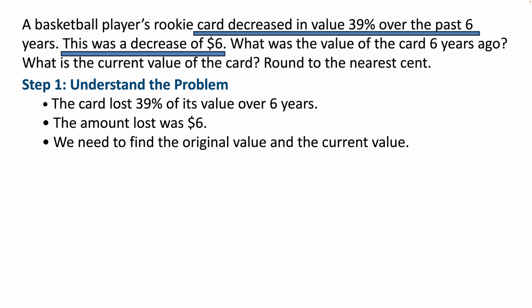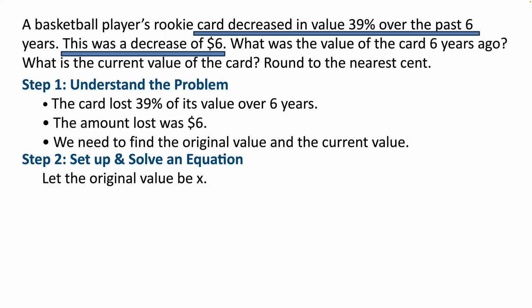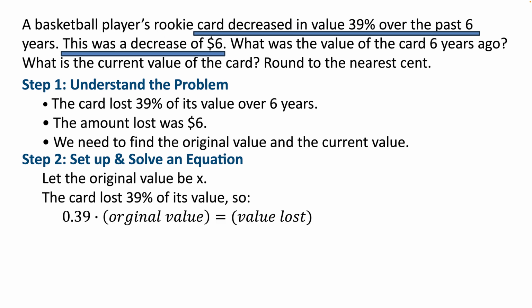Let's take what we're given and what we're looking for and set up and solve an equation. Since we're looking for the original value, let's let the original value be denoted by the variable x. We know that the card lost 39% of its original value, so this means that 0.39 times the original value is equal to the value lost.